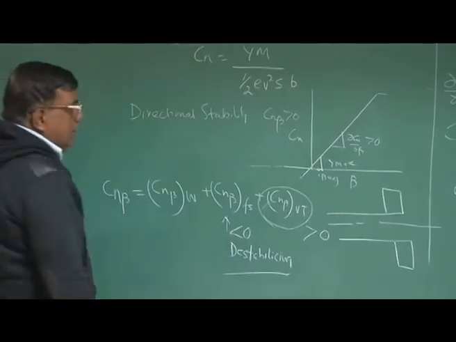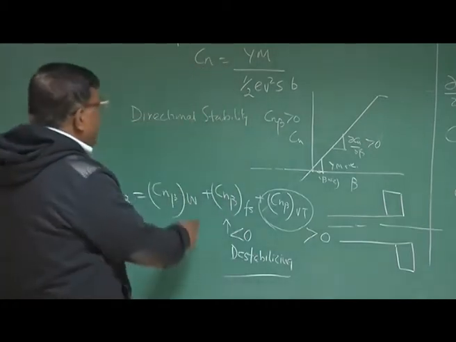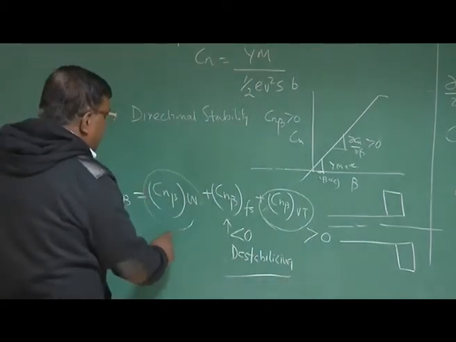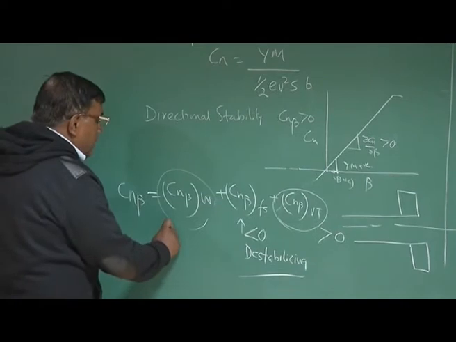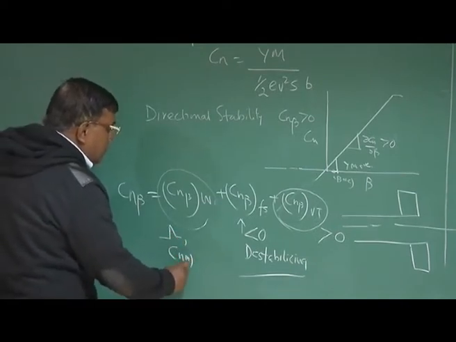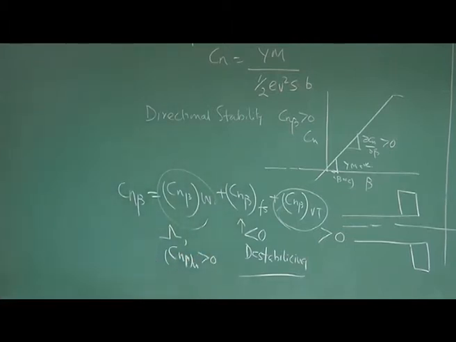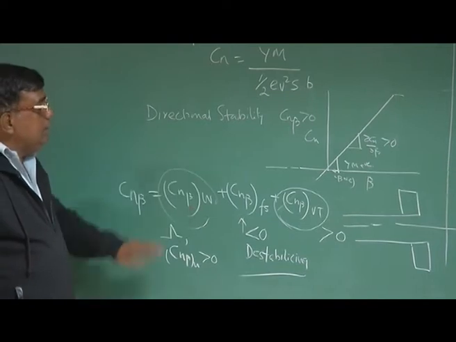Because for directional stability, I want Cn beta to be greater than 0. For the wing, we have seen, if I introduce a sweep angle, then Cn beta because of the wing is also greater than 0. It is stabilizing. And this is the interesting part.